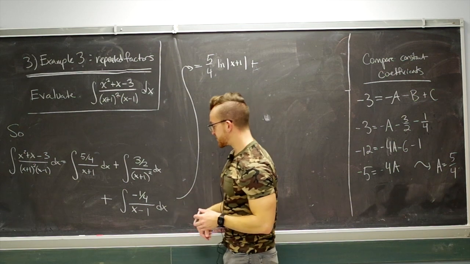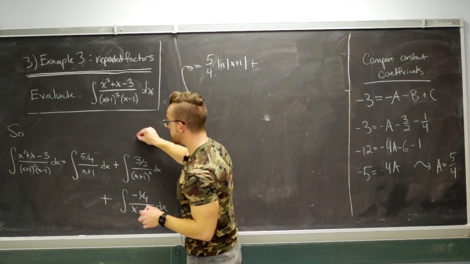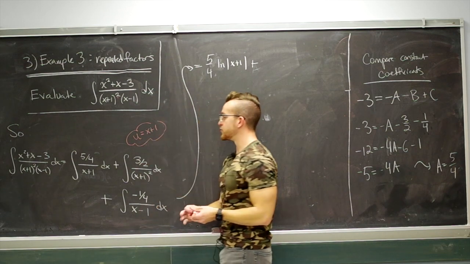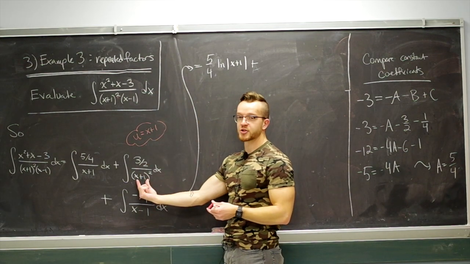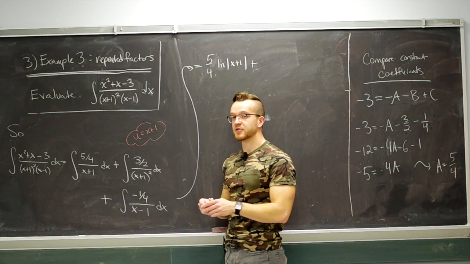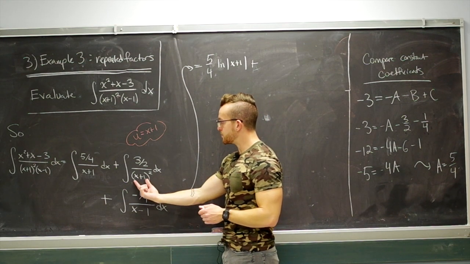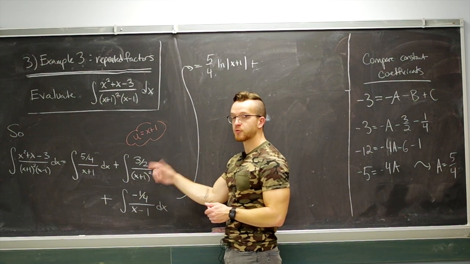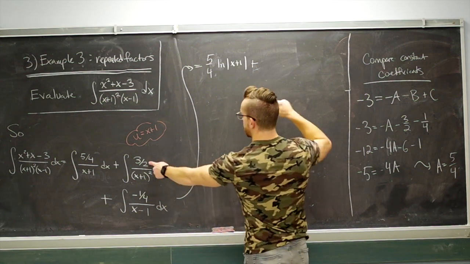Formally, you could make a substitution here where you call u x plus 1, but then du is dx, so it's just a variable shift, and so we don't have to worry about any funny differential things. So here, you can think about this as just being x plus 1 to the -2. Power rule says 3/2.